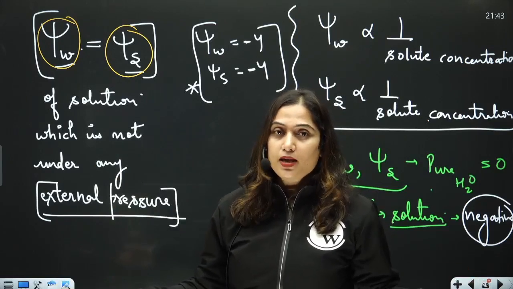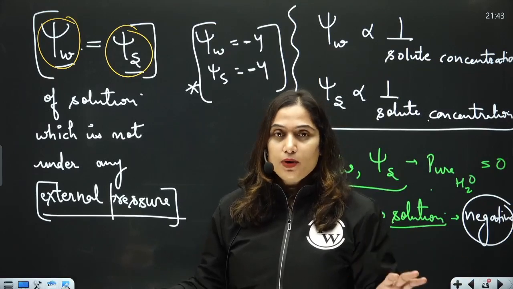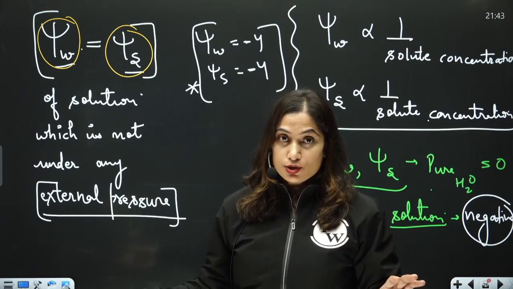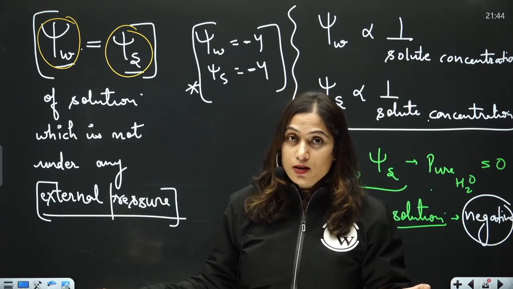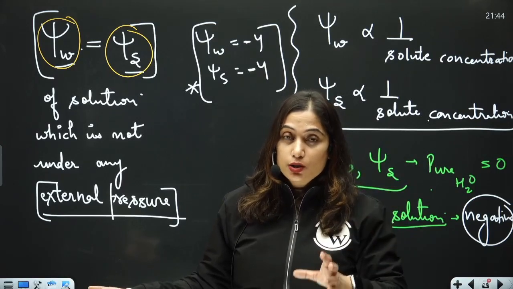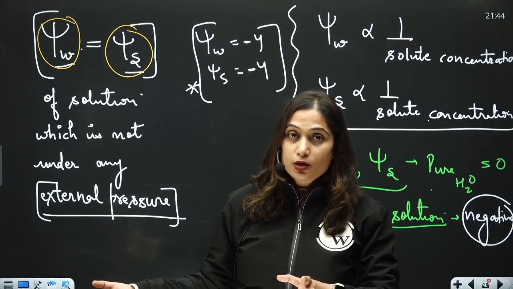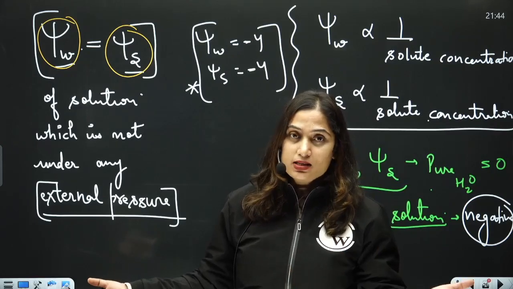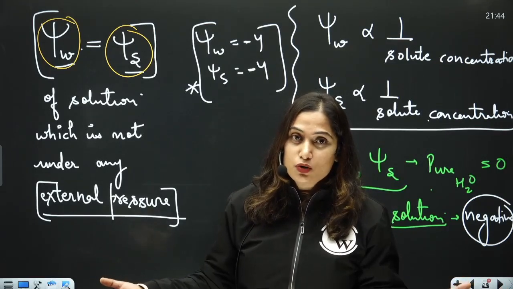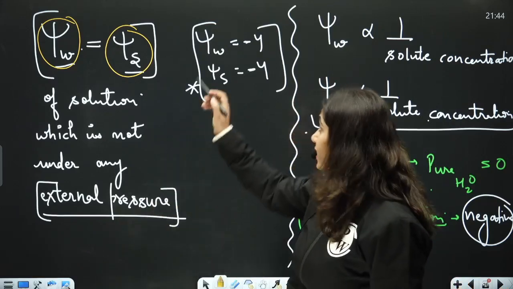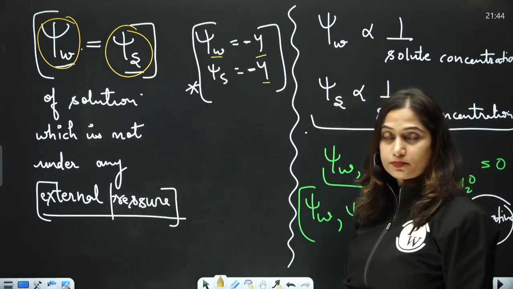You are not applying any external pressure to the solution. Under the condition of standard pressure and standard temperature, the amount by which the water potential gets reduced on addition of solute particles is the solute potential. That is, water potential and solute potential have the same values in this case. So psi W is equal to psi S. Both are -4 in this case.